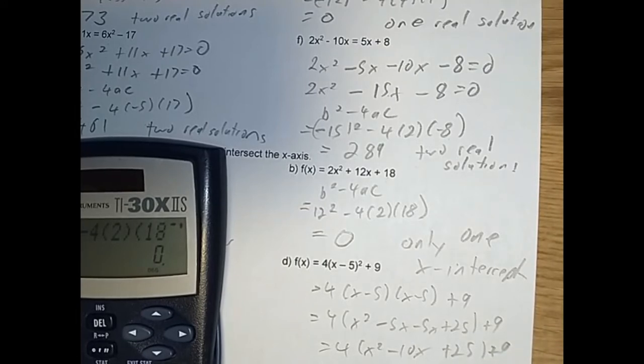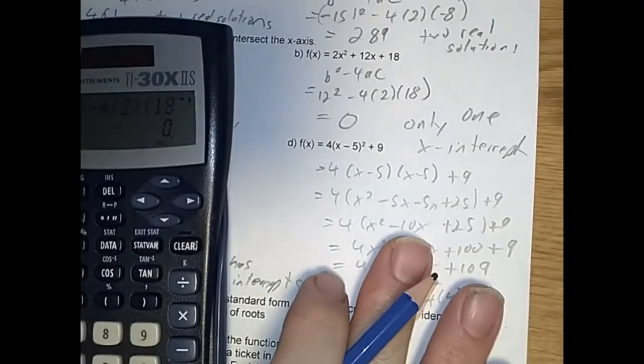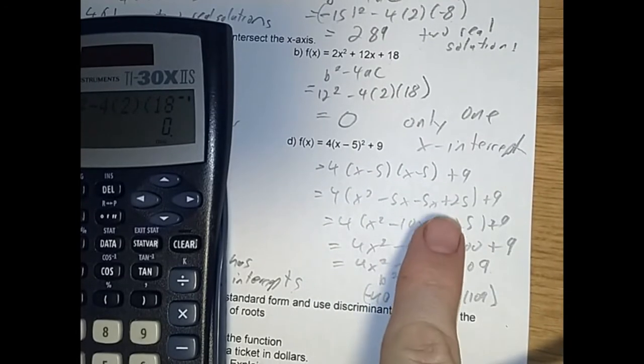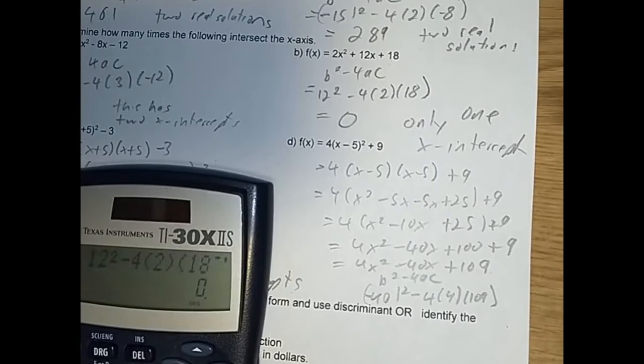Okay, and then b squared minus 4ac. B is negative 40 squared minus 4. A is 4 and C is 109. Ooh, this doesn't look too good. Oh, sorry, I cut it off, so there's all the work there. And let's figure out what that is.